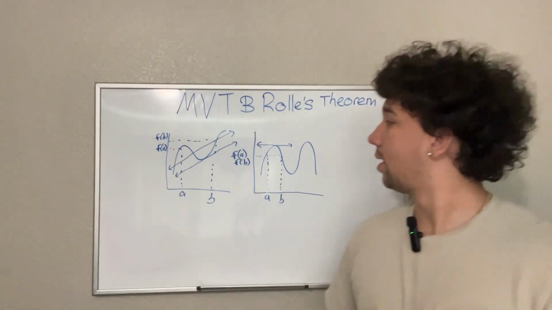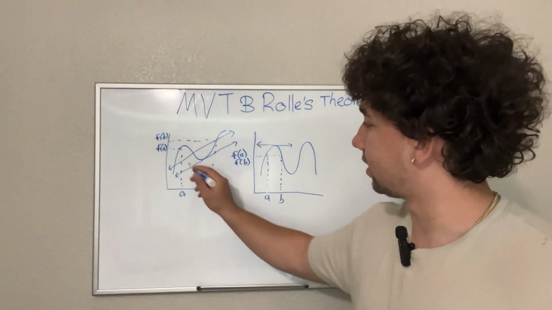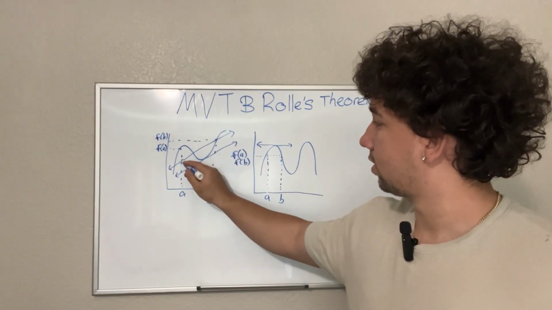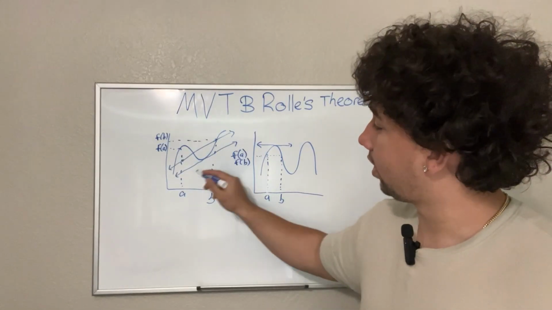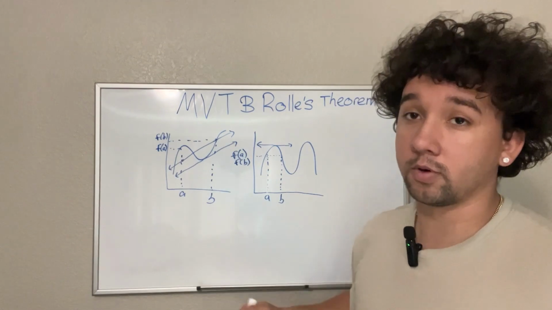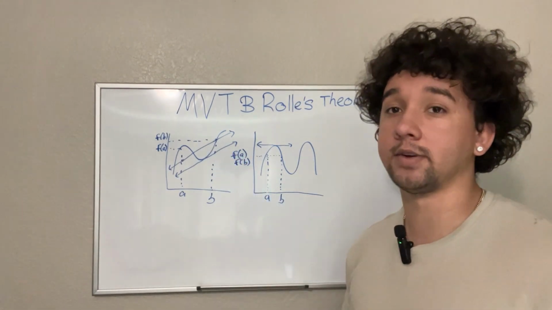So what does that mean? It basically means that if I just take the average rate of change between 2 points, let's just say that's this right here, there's got to be some point along this graph within this interval where the derivative or the slope, the instantaneous slope, is the exact same thing as the average slope.